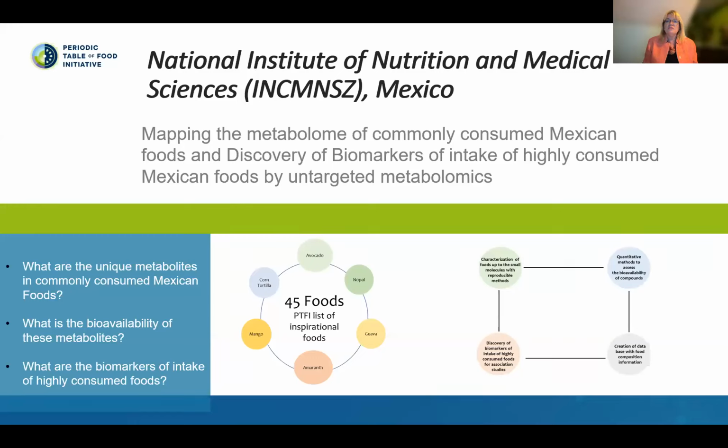So the National Institute of Nutrition and Medical Sciences in Mexico has a project that is going to map the metabolome of commonly consumed Mexican foods. You can see that they've already prioritized their foods, including corn, amaranth, avocado, nopal, guava. And they also want to look at the bioavailability of the metabolites and the biomarkers of intake of these highly consumed foods.